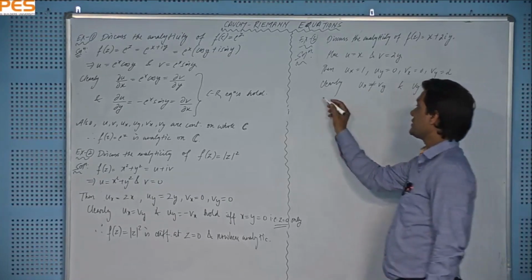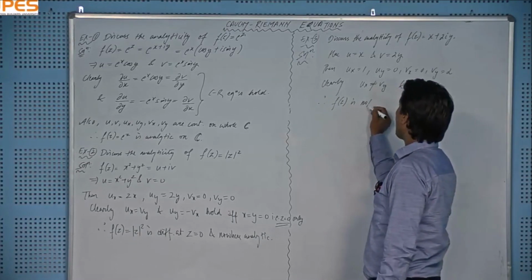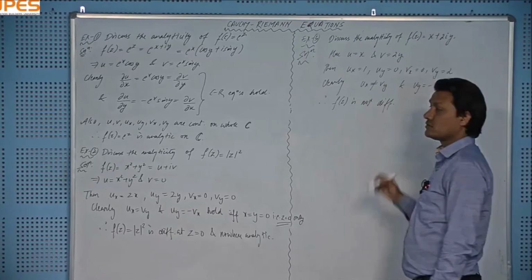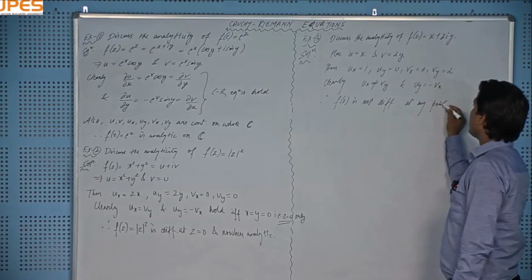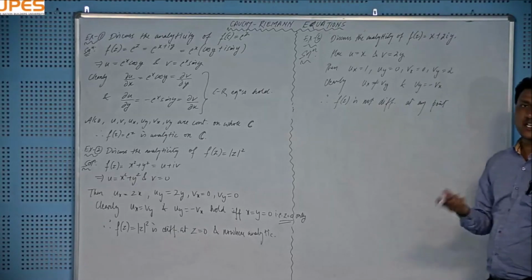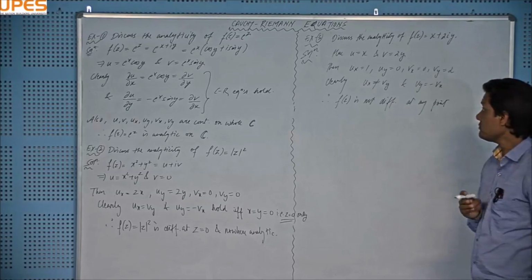So you will say that f(z) is not differentiable at any point, right? And since it is not differentiable at any point, it cannot be analytic at any point, right?